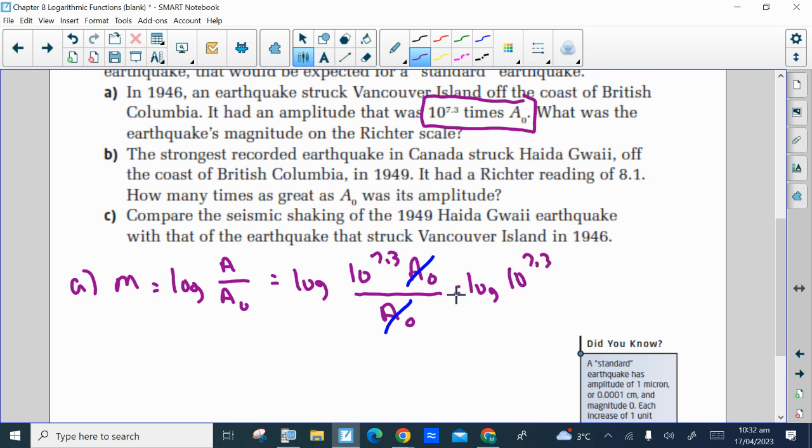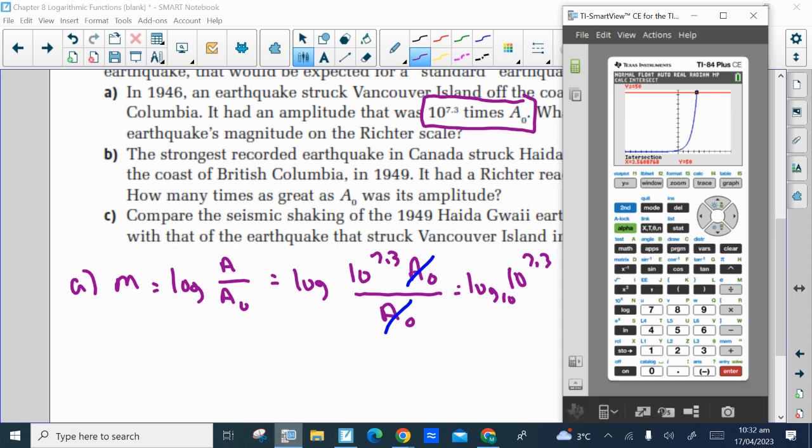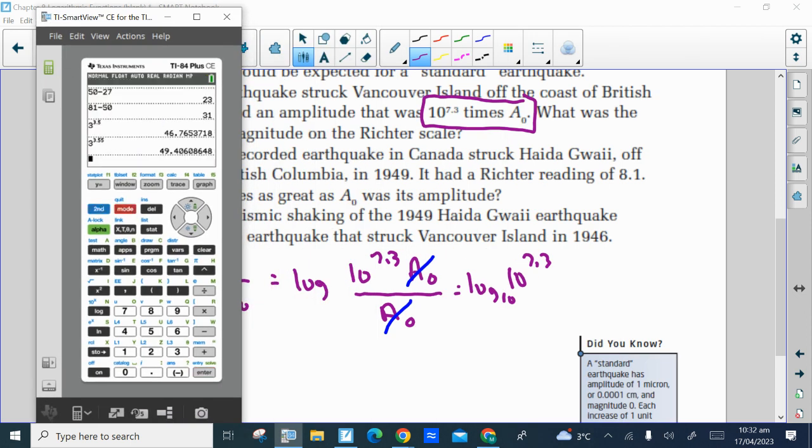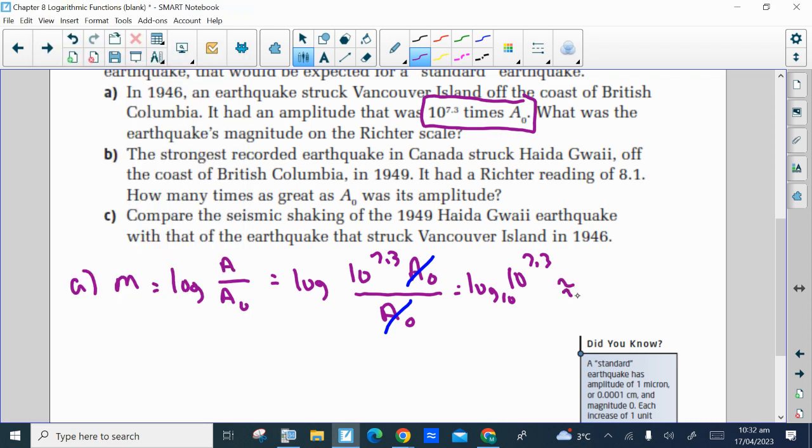Now, there is no base indicated for this equation, which means it's base 10, which means you can evaluate this using the calculator and the log button. We can go log of 10 to the power 7.3, which is 7.3.